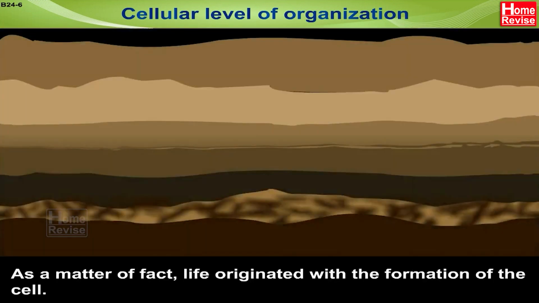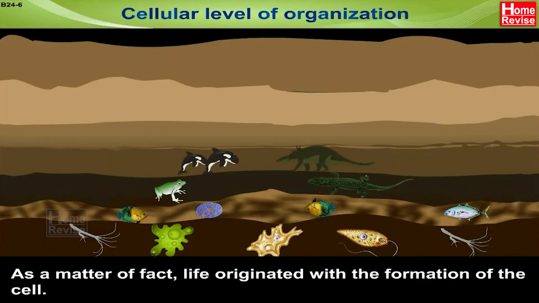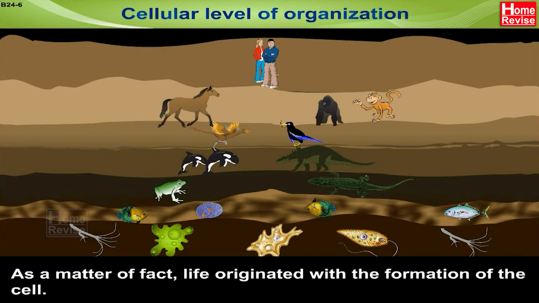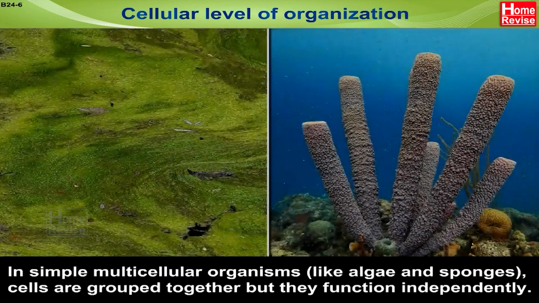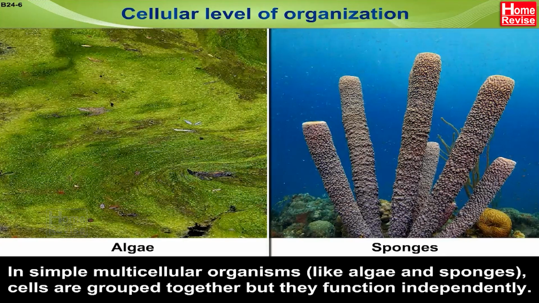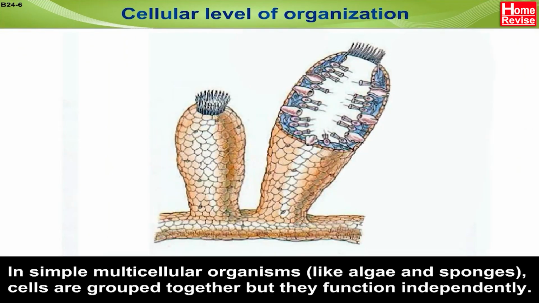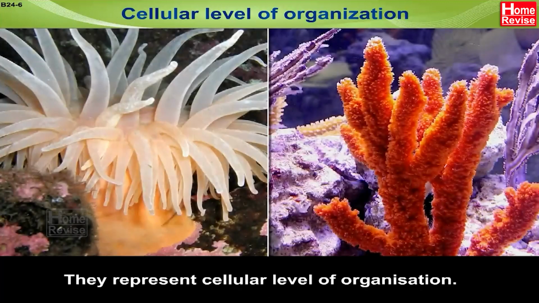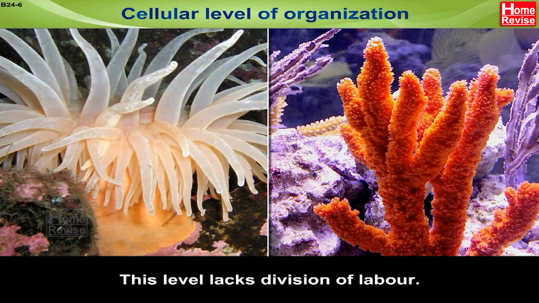As a matter of fact, life originated with the formation of the cell. In simple multicellular organisms like algae and sponges, cells are grouped together, but they function independently. They represent cellular level of organization. This level lacks division of labor.